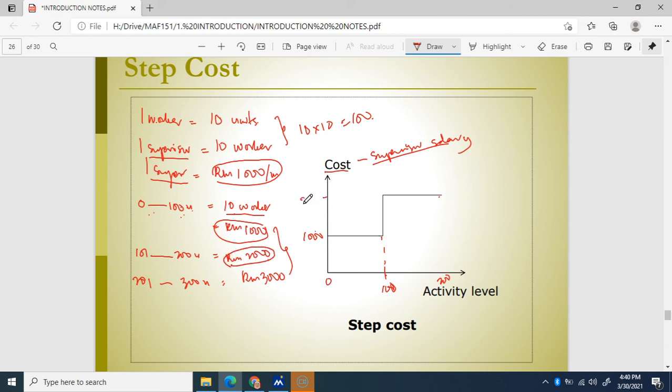If you have more than 200, you need to hire another supervisor, so it immediately increases to 3,000. So this is how the graph is built. That's why we call it step cost, because the graph is just like a step. It immediately rises when there is a change or increase in the level of activity. So this is step cost.